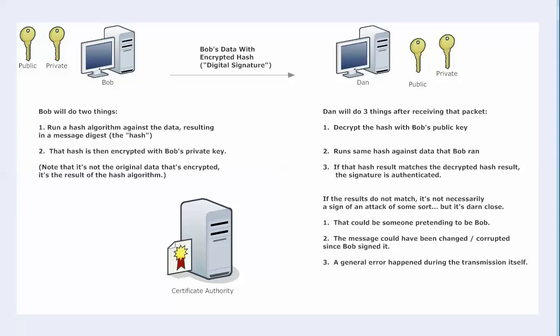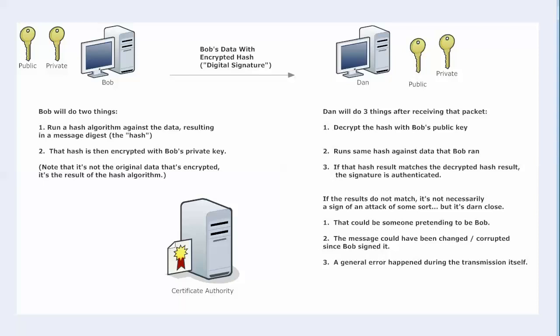Now, if the results don't match, it doesn't necessarily mean that something evil has happened. It could be innocent, but it could be someone pretending to be Bob. And notice that's number one on the list here. Another reason that the hash results would not match is that the message was changed or corrupted since Bob signed it. You know, that's certainly a possibility.